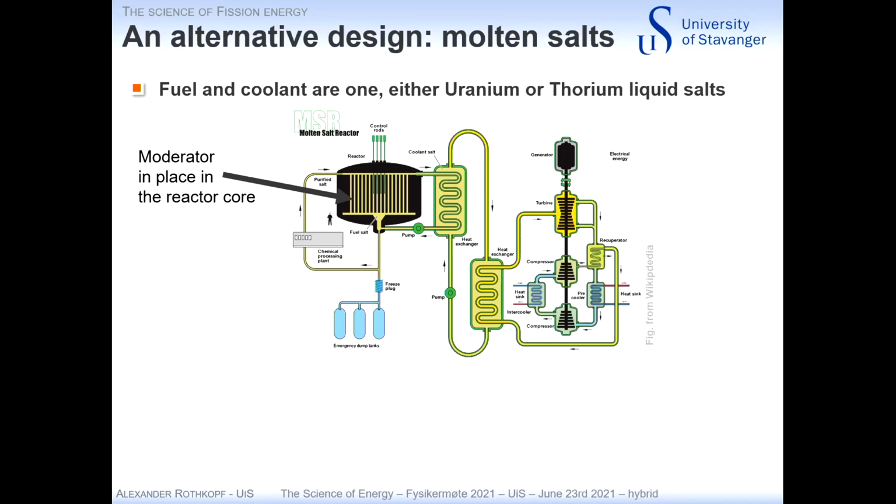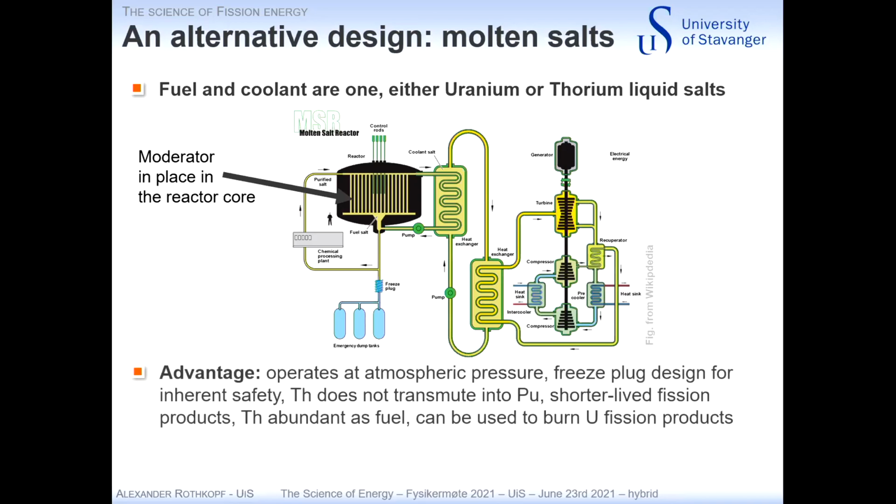You have your control rods still in there because you still want to keep the chain reaction well balanced. And then you have a heat exchange infrastructure that allows you then to transfer the heat now from your fuel, from your thorium salts into other salts, and eventually again to water, so that you can then drive a steam engine to generate electricity.